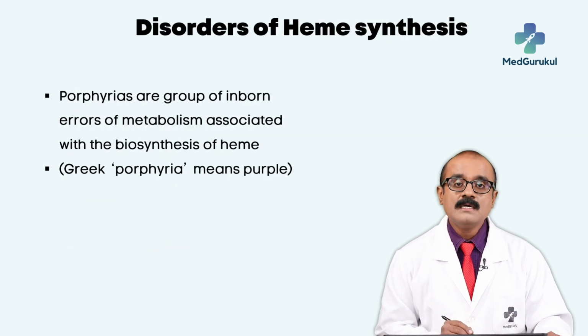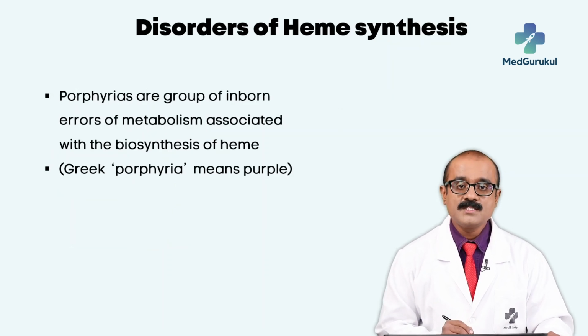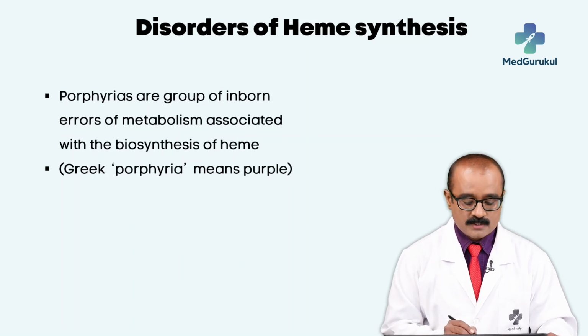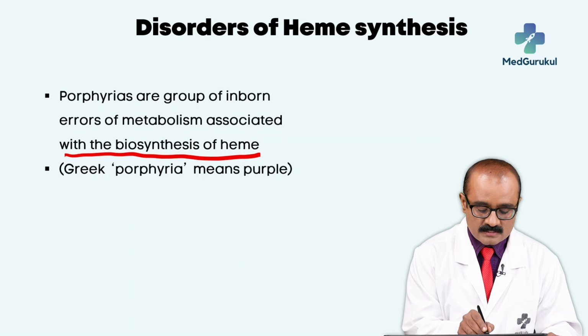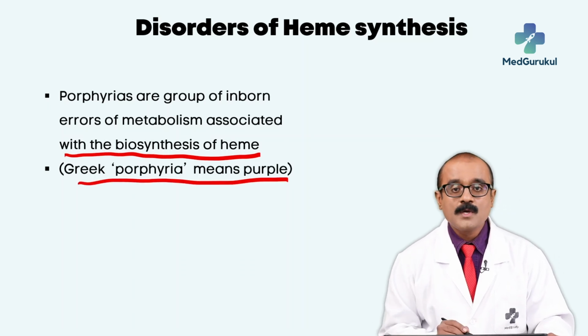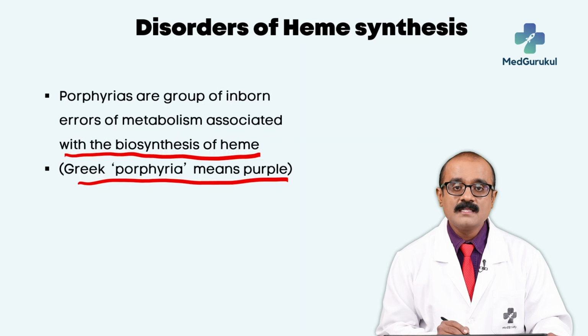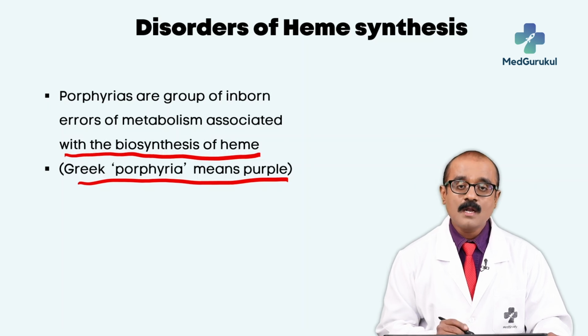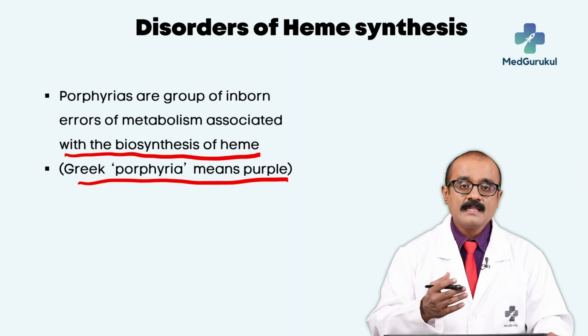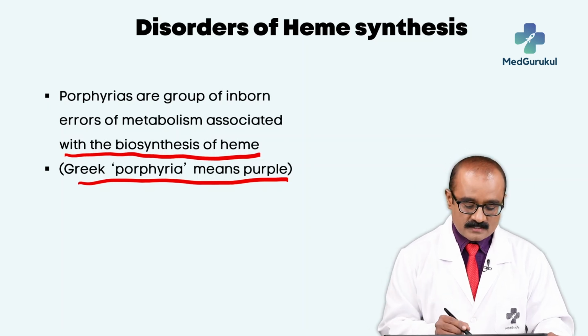We go on to the disorders of heme synthesis, the congenital porphyrias. Porphyrias are a group of inborn errors of metabolism associated with the biosynthesis of heme. Porphyria means purple, because porphyrinogens accumulate and, when exposed to sunlight, get converted to porphyrins.